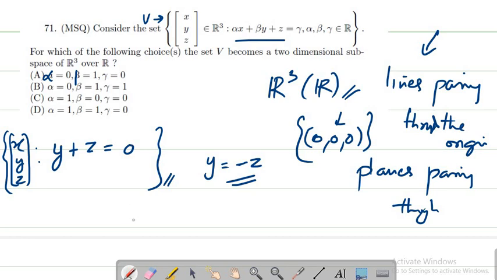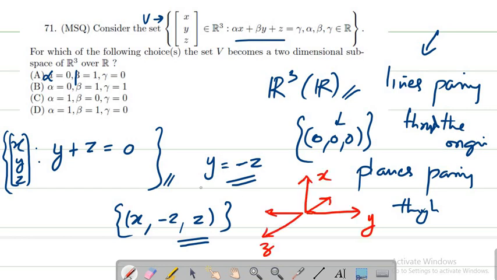So you can consider the points like x, y is minus z, and the other one is z. The set of all points of this form will basically form what? It will form a plane, right? It will form a plane in the space.